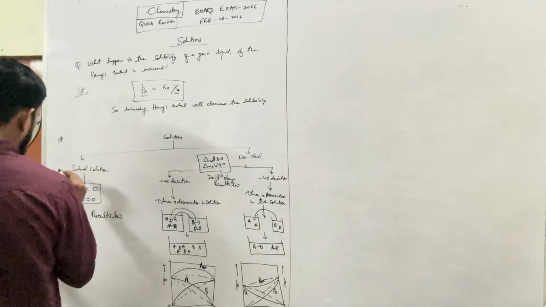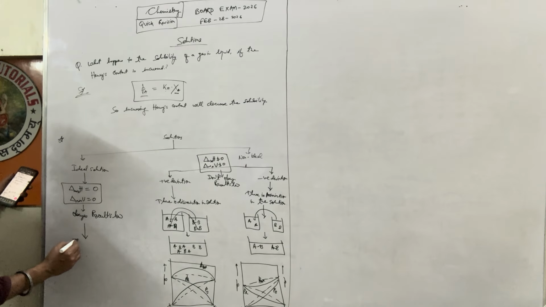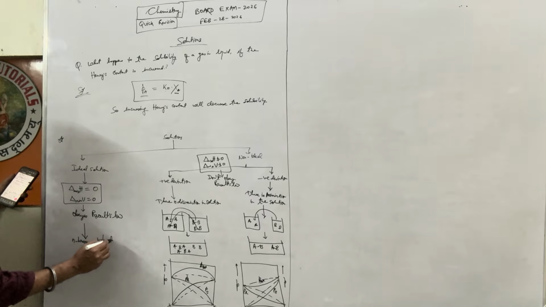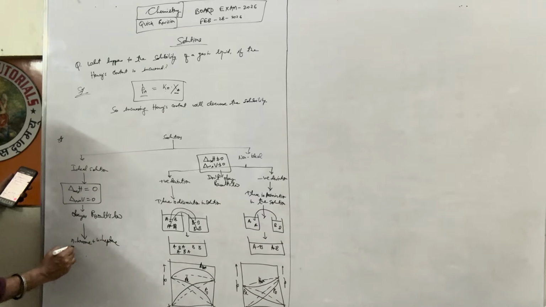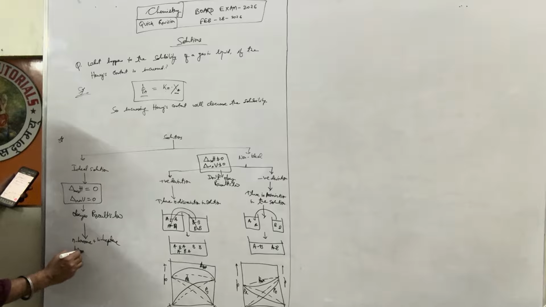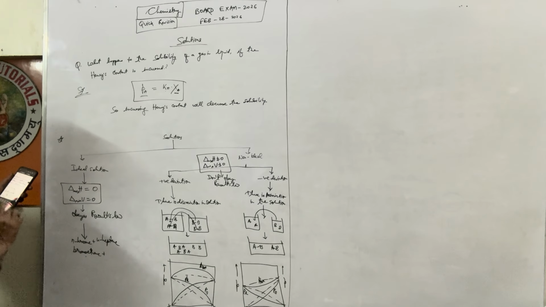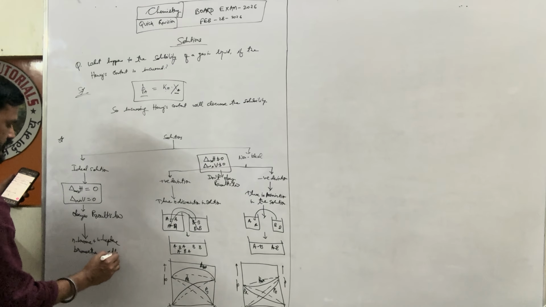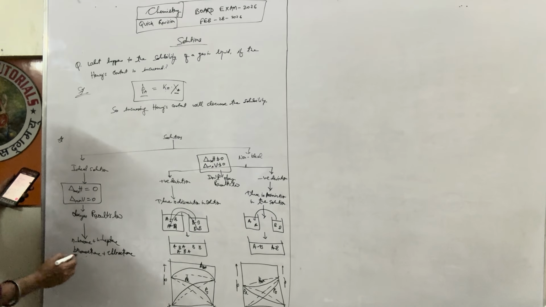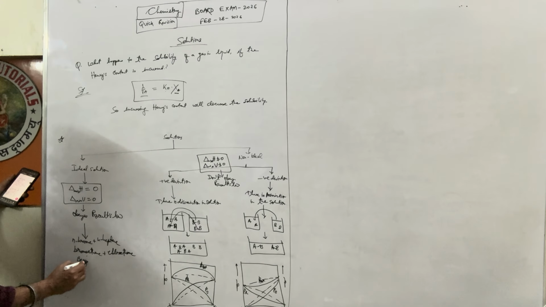Examples for ideal solution are n-hexane plus n-heptane, then bromoethane plus chloroethane, and then benzene and toluene. So these are three examples.